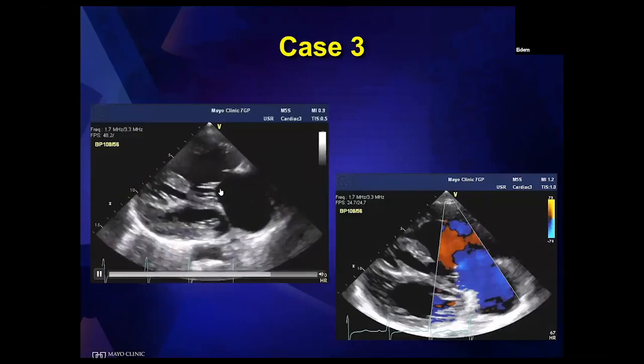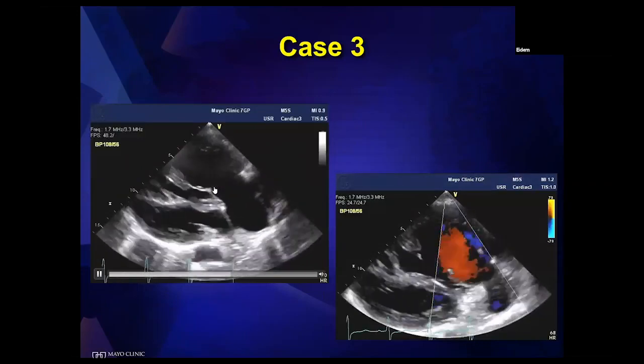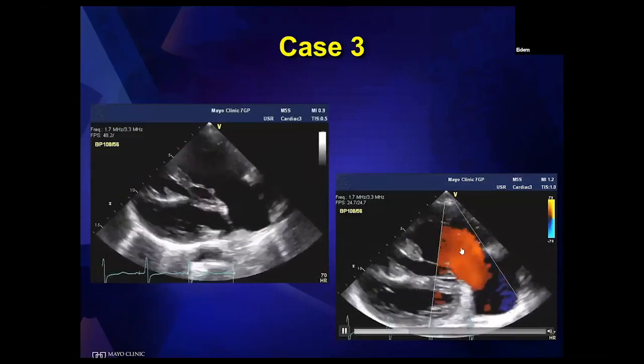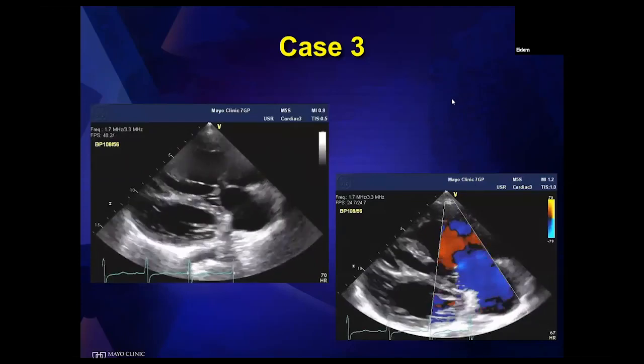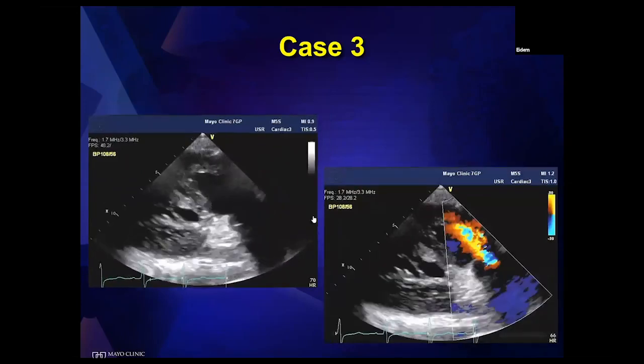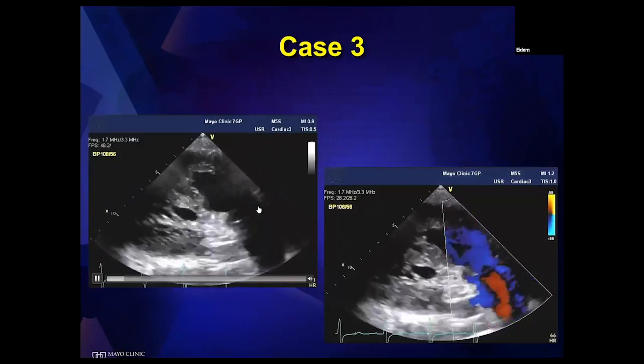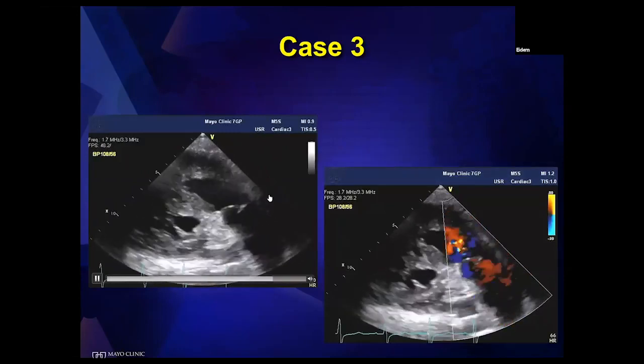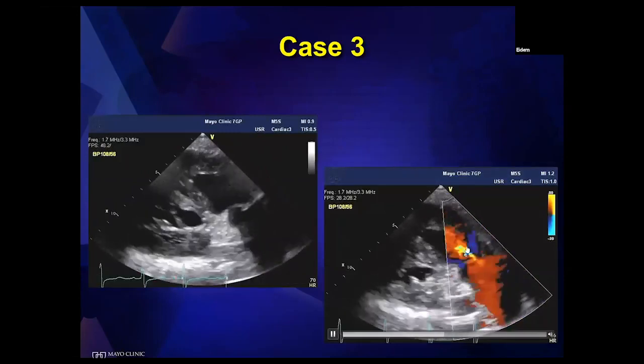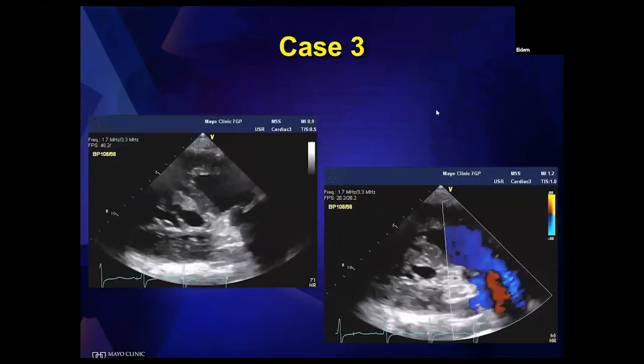As we tip up into the tricuspid inflow view, we can see significant tricuspid regurgitation in this patient. From the pulmonary outflow view, we see dilatation of the pulmonary artery and the pulmonary annulus here, and significant pulmonary regurgitation.